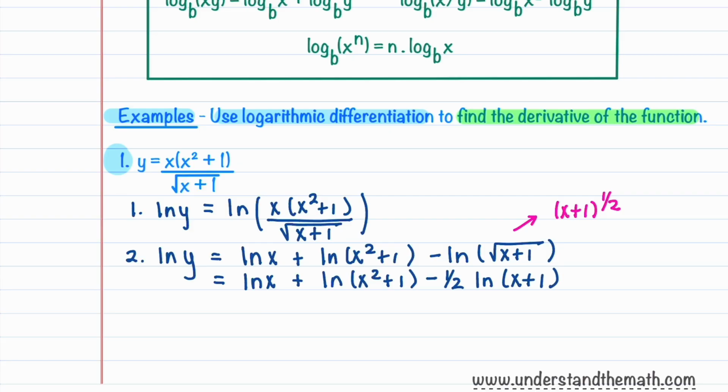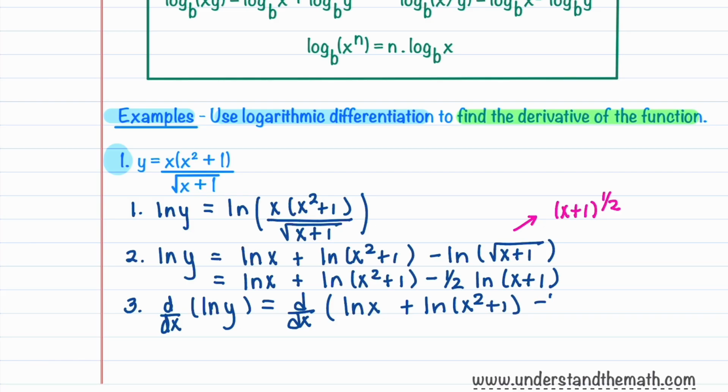Now we're ready for step 3. Step 3 tells us to take the derivative of both sides of the equation because we want to find dy dx. So we have the derivative with respect to x of ln y on the left, and on the right we have the derivative with respect to x of ln x plus ln x squared plus 1 minus 1/2 ln x plus 1. The derivative of ln y is going to be the derivative of what's inside, so that's dy dx, all divided by what's inside, which is y.